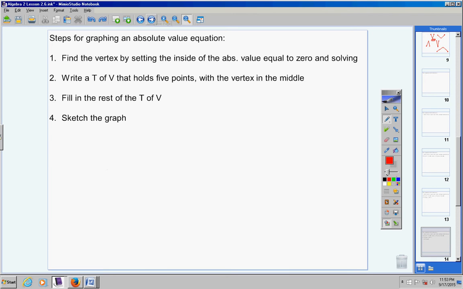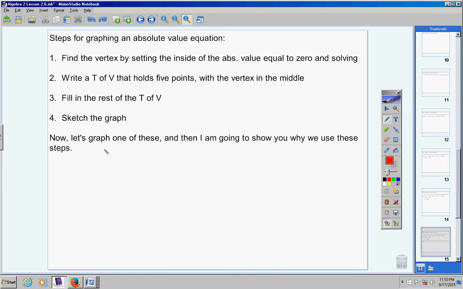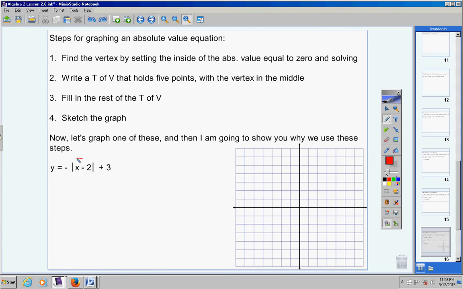Alright, moving on. Let's graph one of these. And then when I'm done graphing, I'm going to show you why we used these 4 steps. Okay? Alright, here we go. Copy this problem in your notes if you would, please. And then go ahead and draw a coordinate plane.